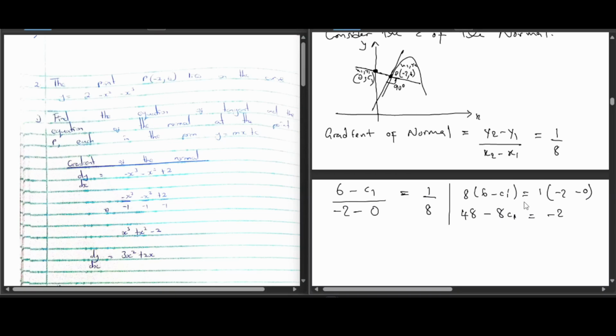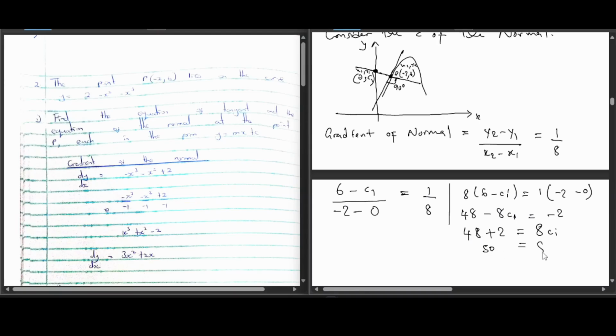Always check for arithmetic errors, making sure it is done correctly. 8 times 6, 48. 8 times minus c1 is minus 8c1. 1 times minus 2 is minus 2. 1 times minus 0 is minus 0. Then since we are looking for c1, we move the minus 2 across, so 48 plus 2 is equal to 8c1. What is 48 plus 2? 49, 50.